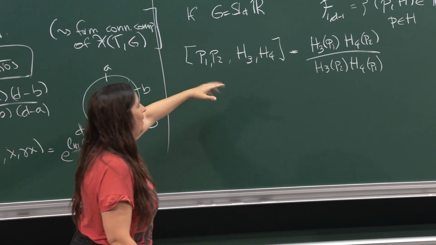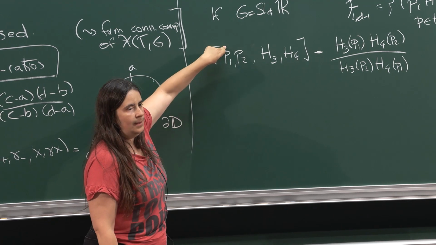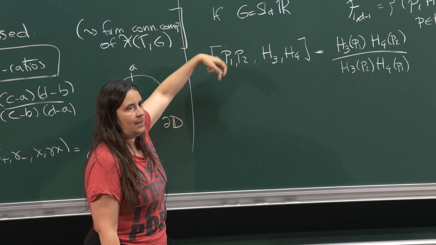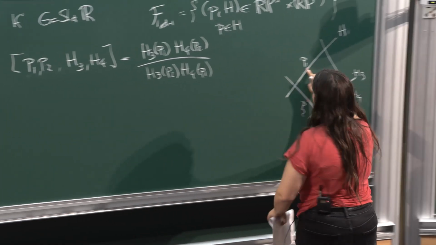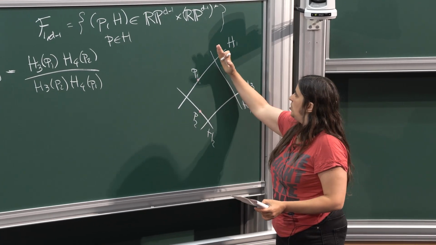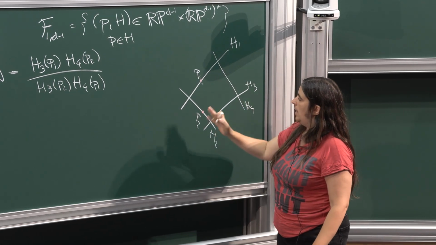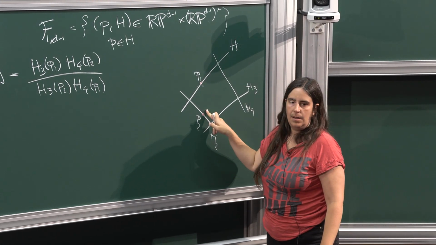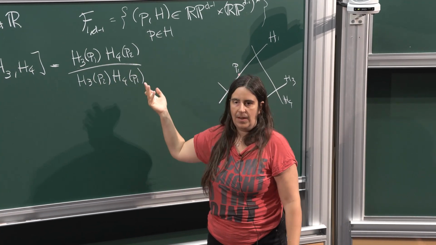Here I'm really abusing notation, but the point is that I choose one representative in this. So this point is a one-dimensional vector space. I choose one representative in there. I choose a functional that vanishes on H3. I choose a functional that vanishes on H4, and I choose a representative in here. And I compute what the functional does on the point, and I divide.